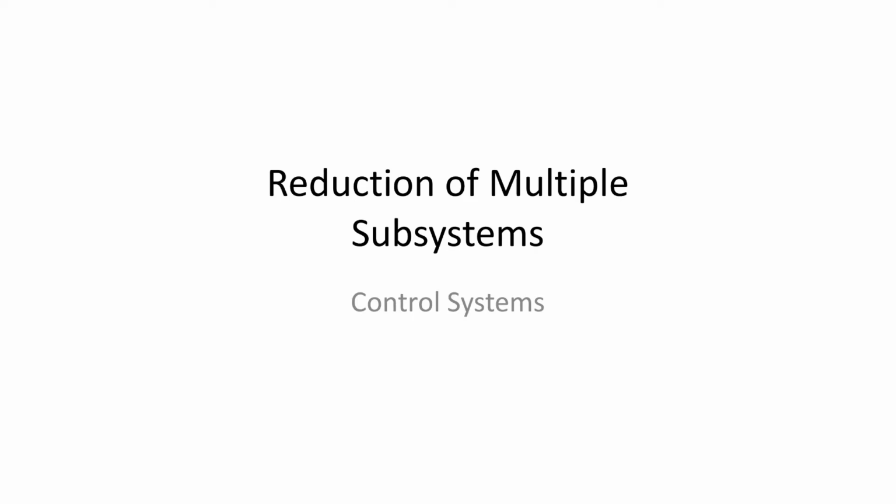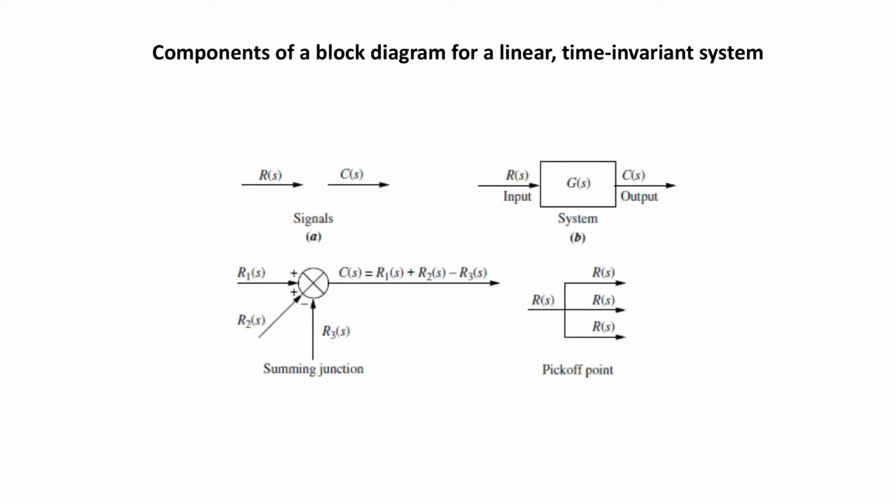As you already know, the subsystem is represented as a block with input, output and the transfer function. This is the subsystem having the input, output and the transfer function.